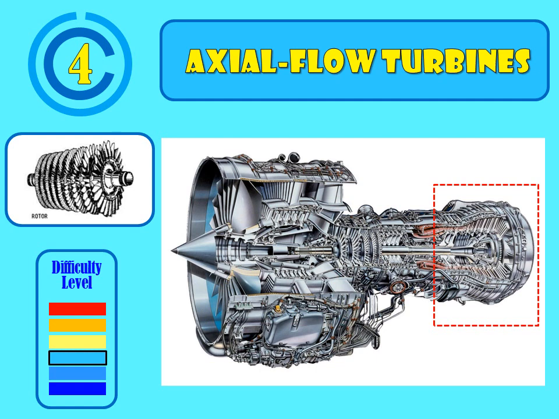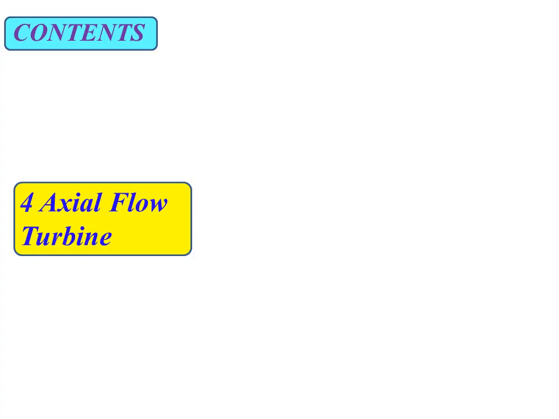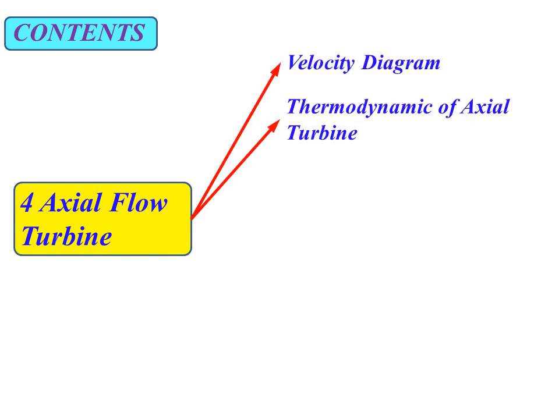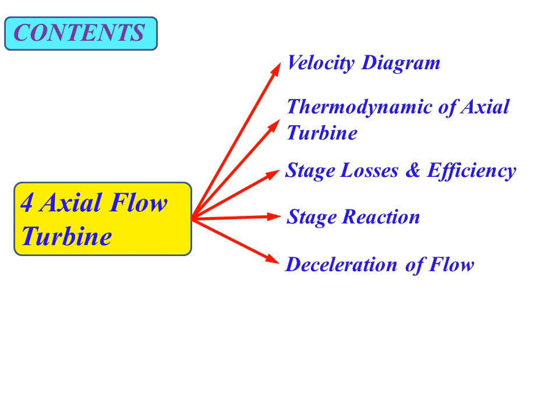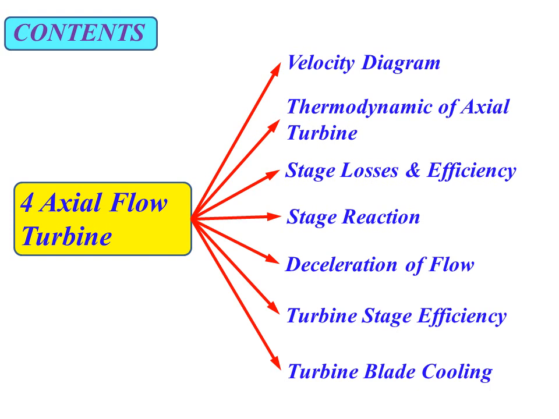So for chapter number 4, part number 1, we will discuss axial flow turbines. In terms of content for axial flow turbine, we will discuss velocity diagram, thermodynamic of axial turbine, stage losses and efficiency, stage reaction, deceleration of flow, turbine stage efficiency, and the last one, turbine blade cooling system.